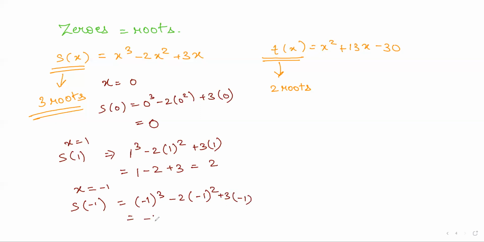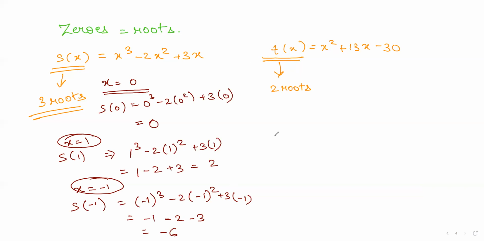This is equal to minus 1, minus 2, minus 3. This will give you minus 6. So you can easily say that 1 and minus 1 both are not the zeros or not the roots of the given polynomial s of x. 0, however, is the root of s of x.